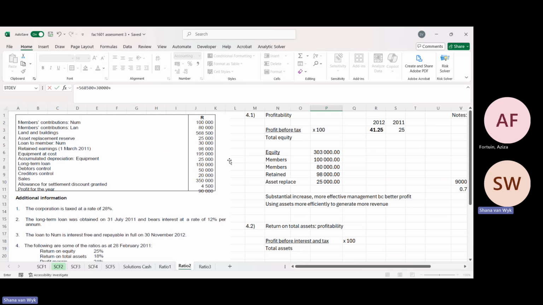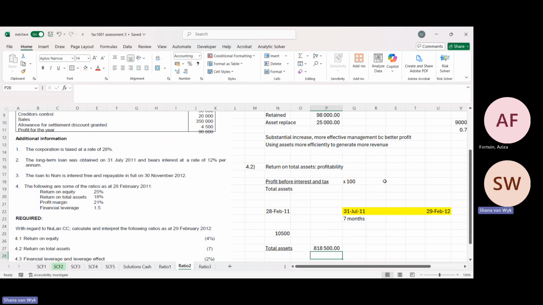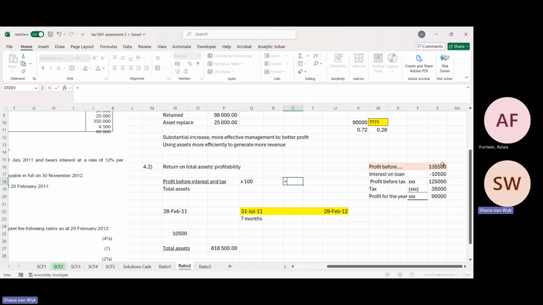Plus equipment at cost, minus 25. Debtors control is an asset. Sales, no. Okay. Let's quickly see if this could be it.